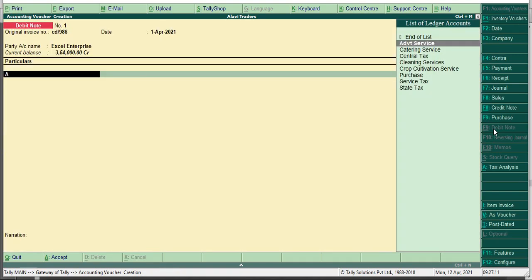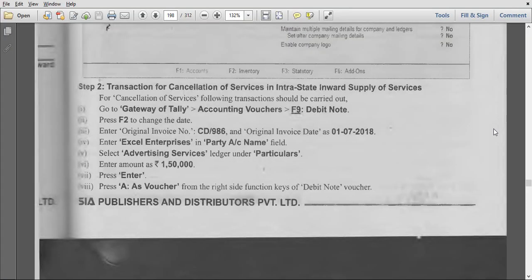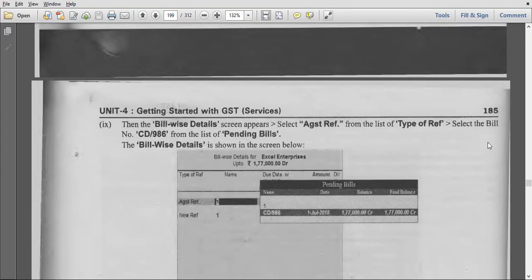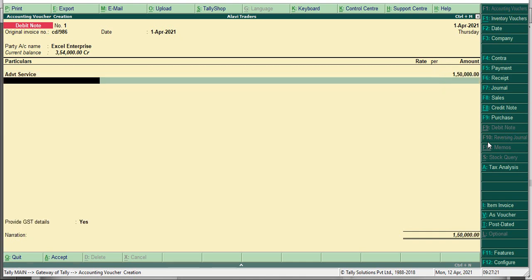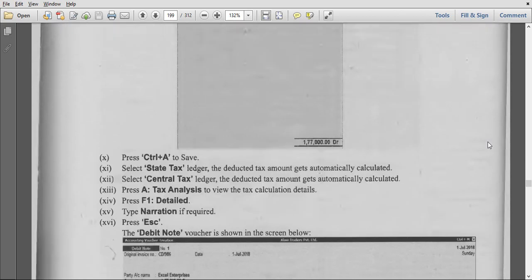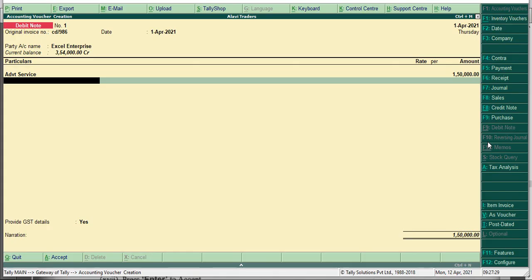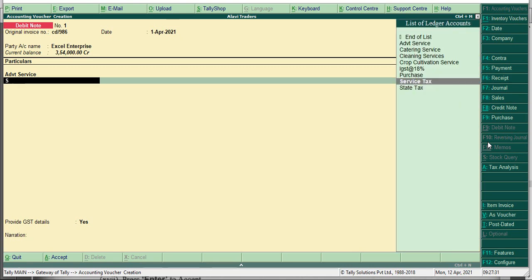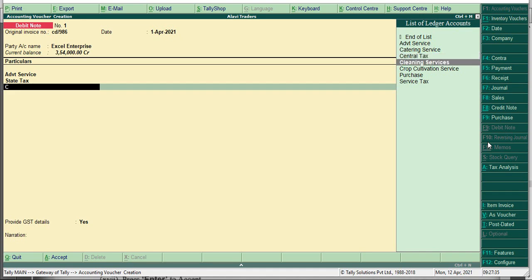And here advertising services, that amount is 1,50,000. Again the state tax and the central tax.